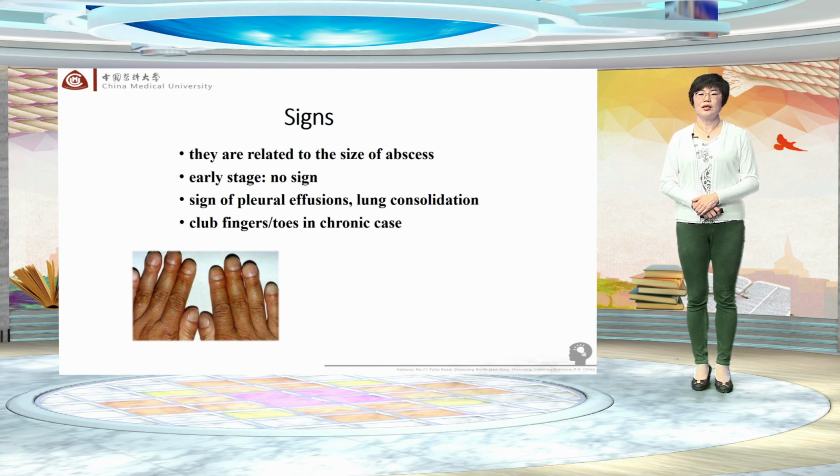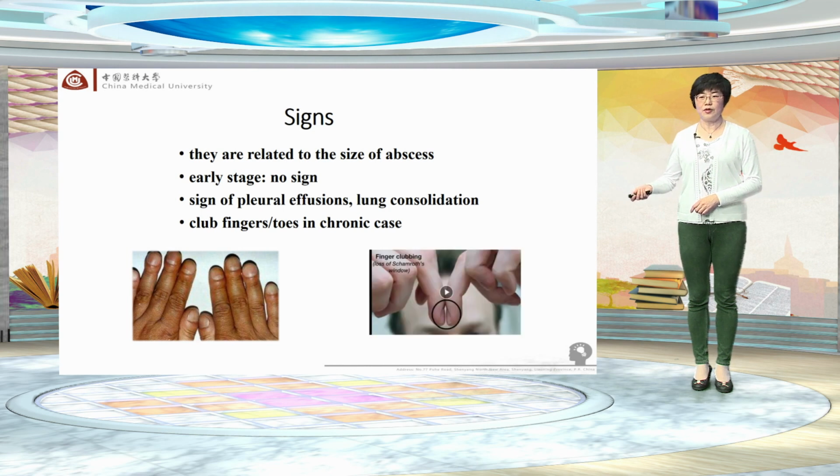And clubbed fingers or toes are very typical in chronic cases. From this picture, we could see that this is very typical clubbed fingers. And from this picture, we could see that there's a gap between the nails. This is also a characteristic of clubbed fingers.